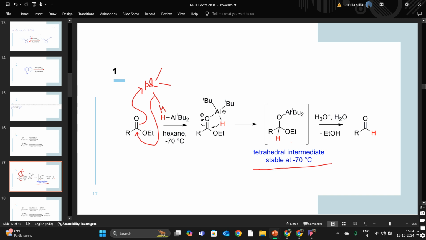It can decompose. So after the formation of this tetrahedral intermediate, workup is carried out, and in the workup this oxygen aluminium bond is easily broken, and after breaking that bond, the ethoxide group is knocked out as ethanol. And we get the aldehyde formation.